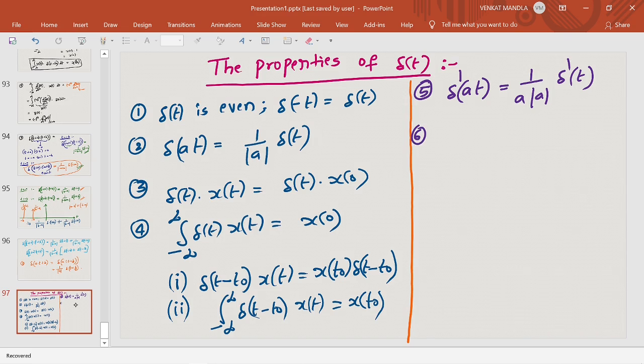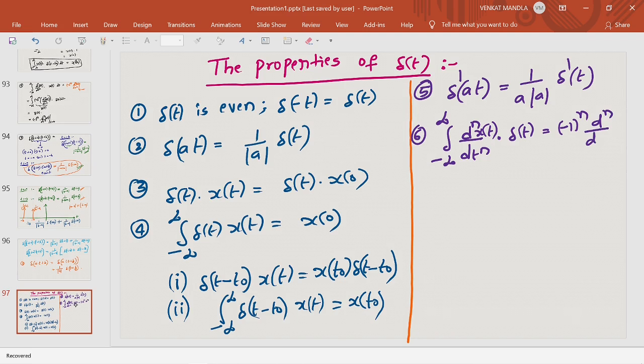Next, the sixth one, integral from minus infinity to plus infinity of d power n by dt power n of x of t into del of t equals minus 1 whole power n into d power n by dt power n of x of t at t equal to 0.